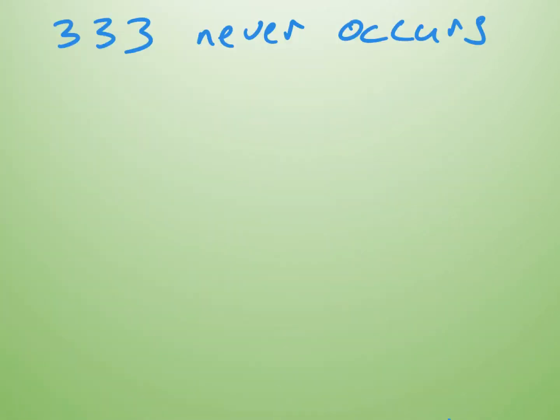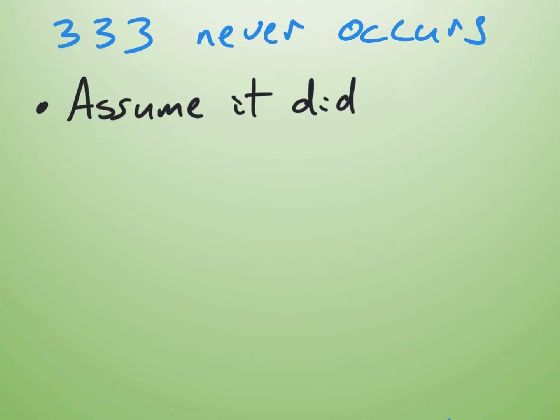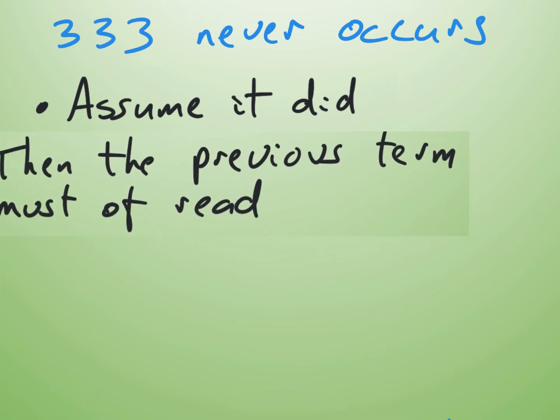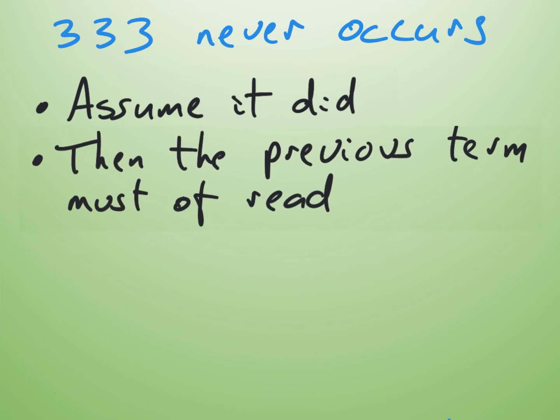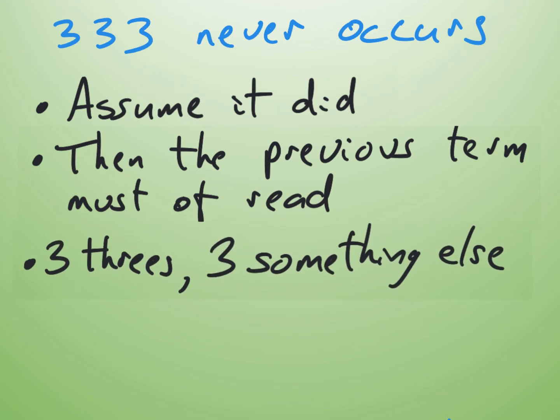The fact that the sequence 3, 3, 3 never occurs is a really good example of proof by contradiction. So let's just have a quick look at that. The way it works is if you assume that 3, 3, 3 does exist in this sequence, then that means that the previous term must have read 3 3s and 3 of something else.